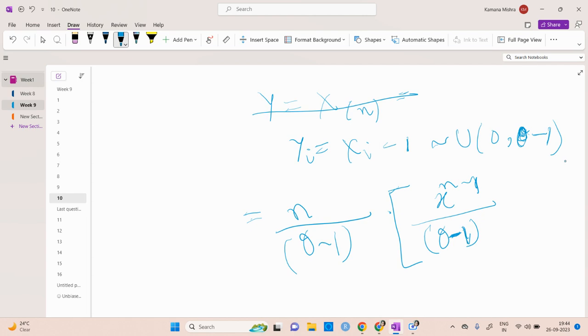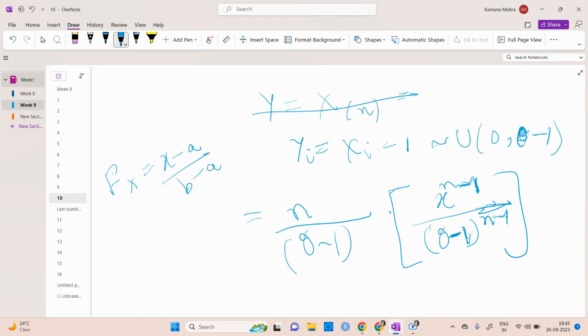Here you get some benefit, because if you take U(1, theta), capital Fx is x minus a divided by b minus a.